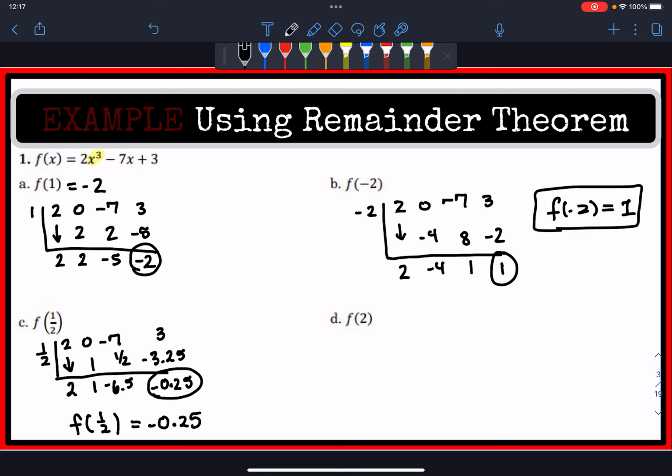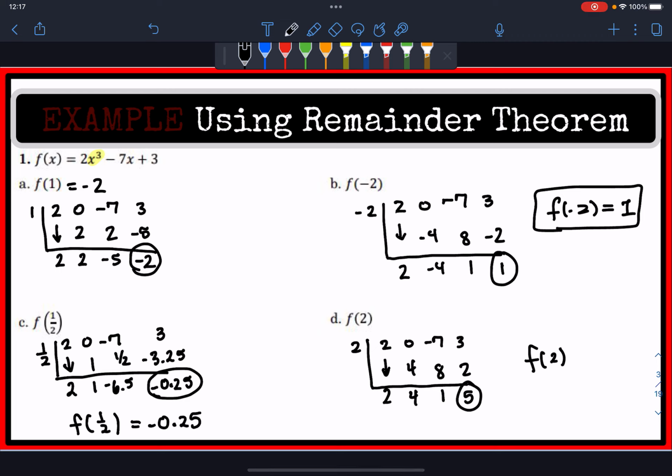And for the last one, 2, 0, -7, and 3, we end up with 5. So f of positive 2 is equal to positive 5, and f of negative 2, let me write this a little bit nicer, this kind of looks ugly.